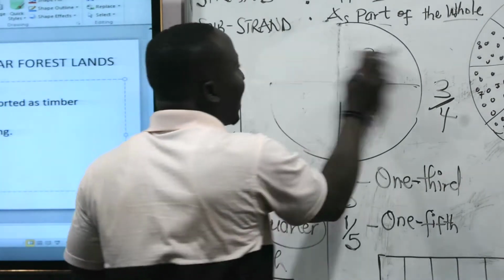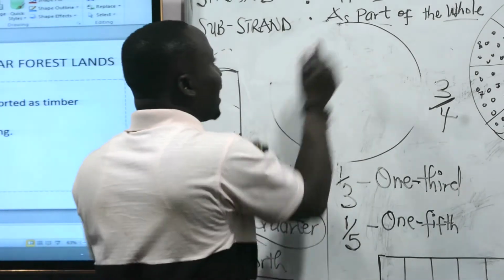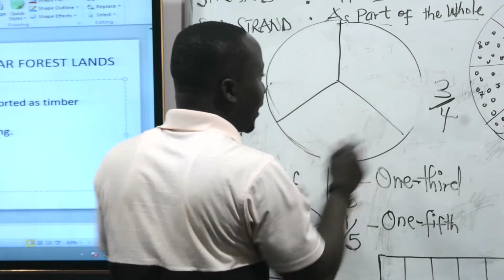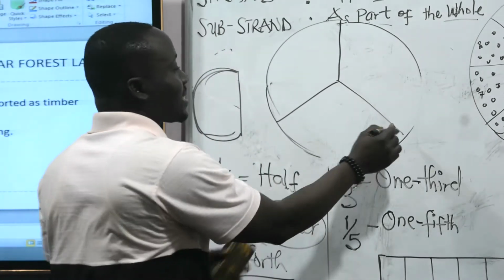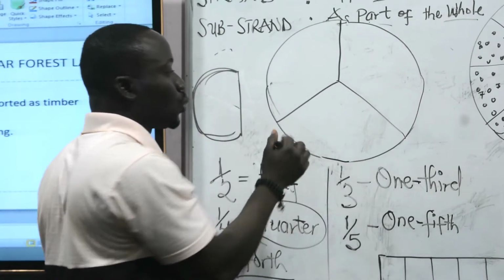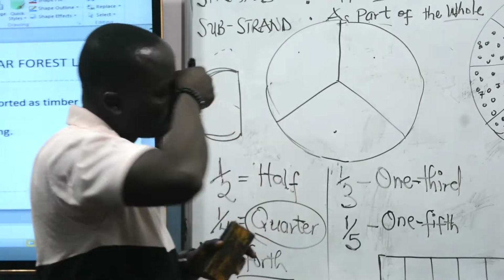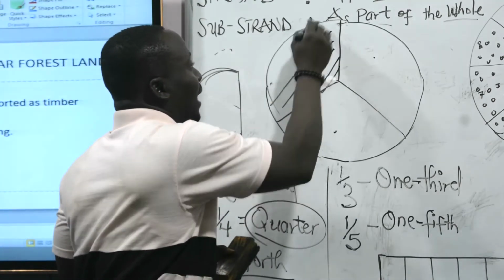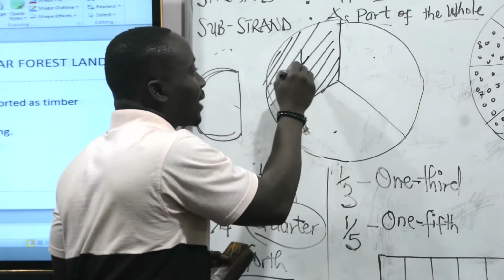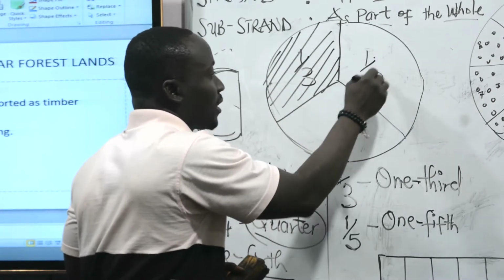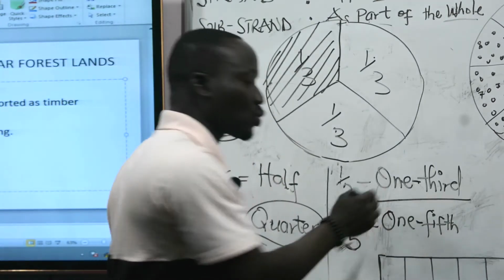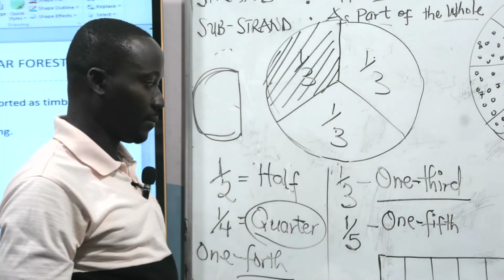I can equally have the same object and then divide it into 3. If this object is divided into 3, 1, 2, 3, one portion taken out or shaded can be referred to as 1/3. It's also an example of fraction.